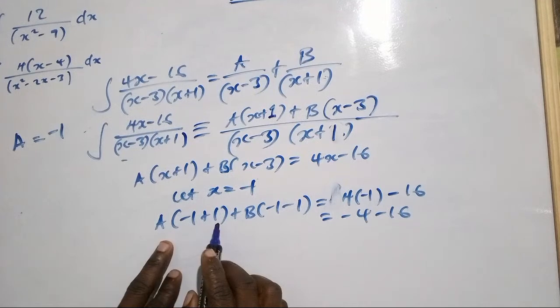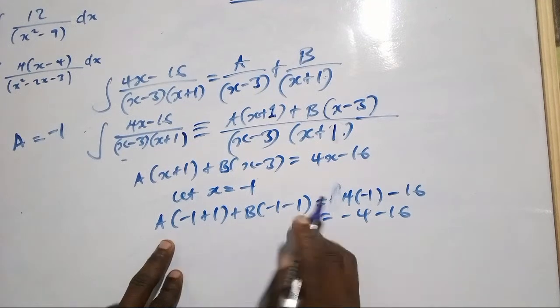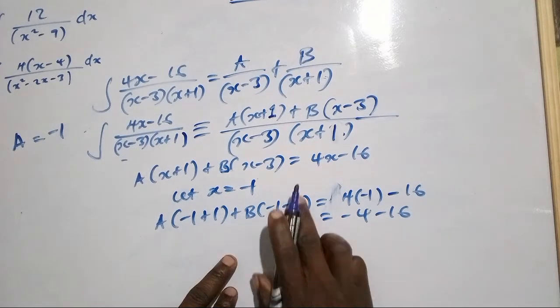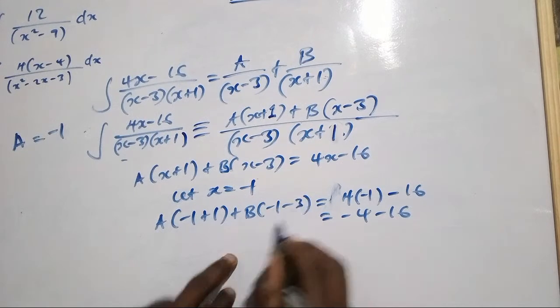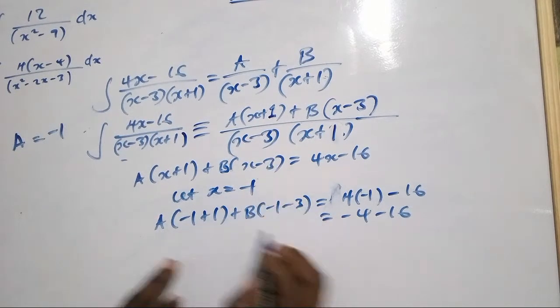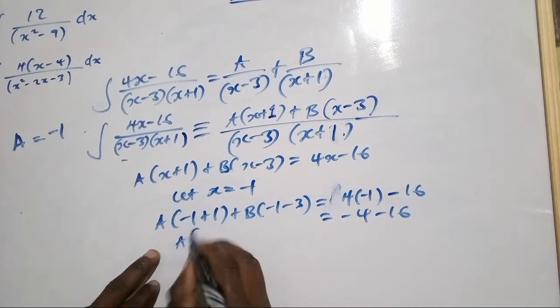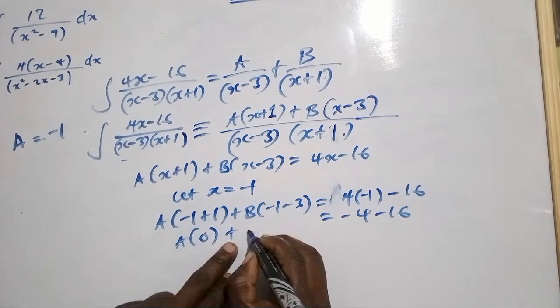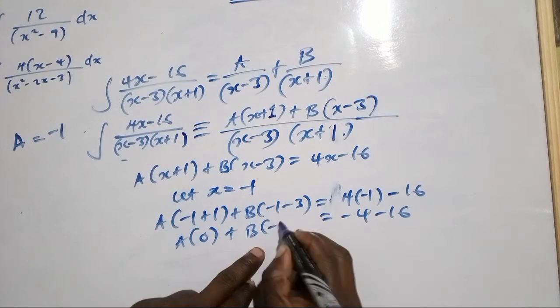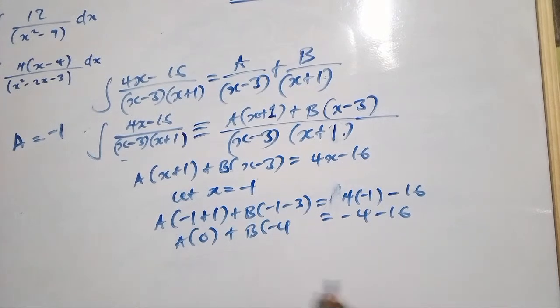Then here we have, let's say 3, not -1, because here we have -3. So here we have a 0 plus b -4 equals this term here, right?